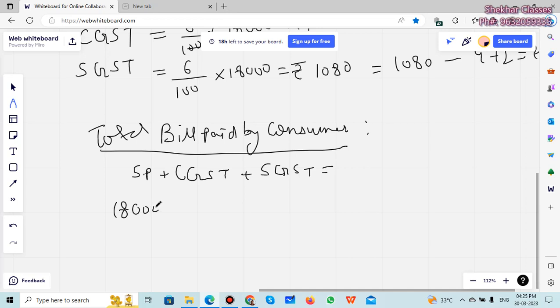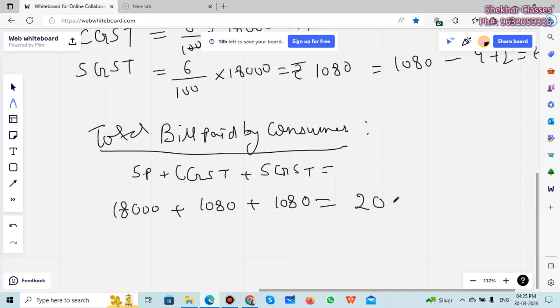How much is this SP? 18,000. CGST 1080, we calculated that. SGST also 1080. So if we add them up, how much do we get? 1000 plus 1000 is 2000, 80 plus 80 is 160. So 1080 plus 1080 will give you 2160, and plus 18,000, it will be 20,160 rupees.